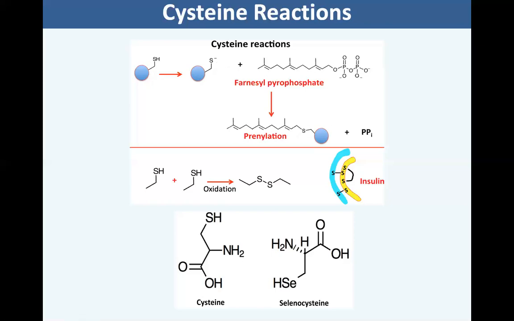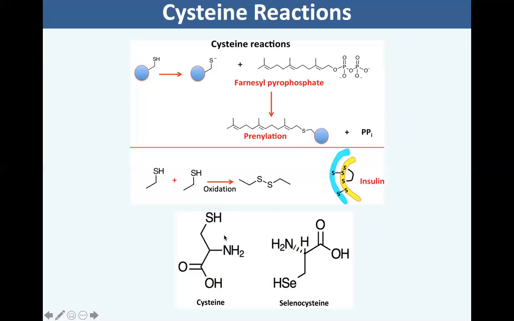What it does is attach this hydrophobic group, this tail. And when you do that, that tail is now endowed with the property of inserting into the membrane. So it's a way to get proteins stuck in the membrane. And the classical one is known as the RAS oncogene. It only works when it's prenylated on a cysteine residue in the membrane.